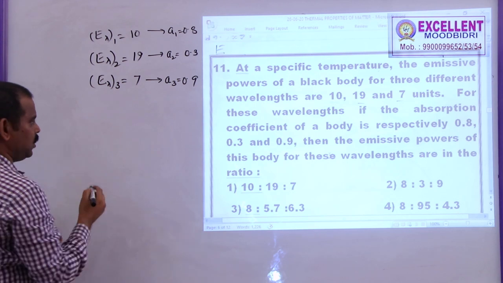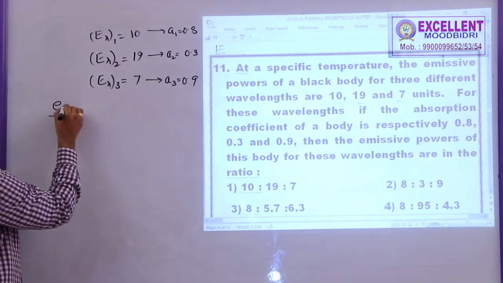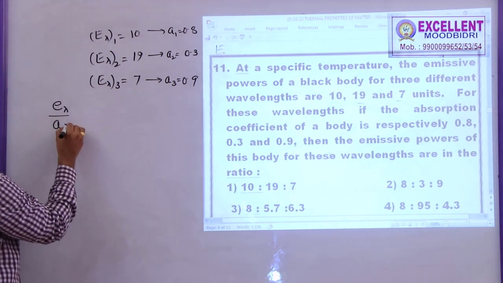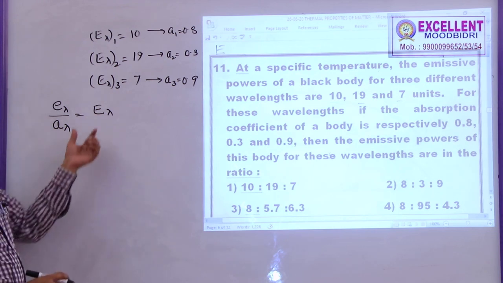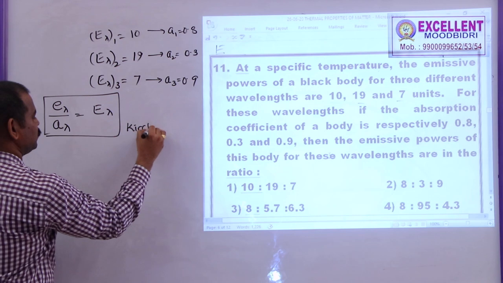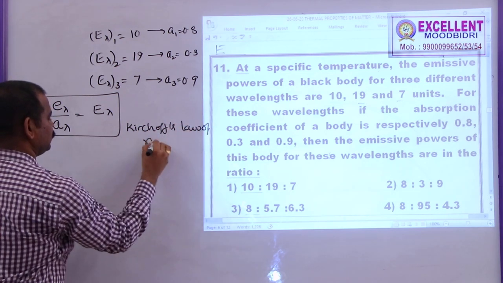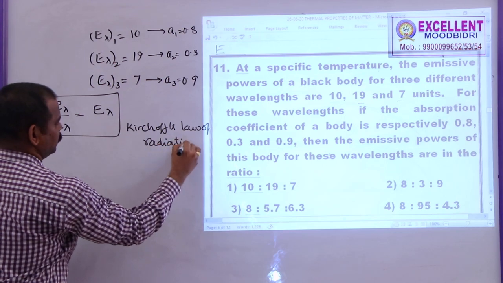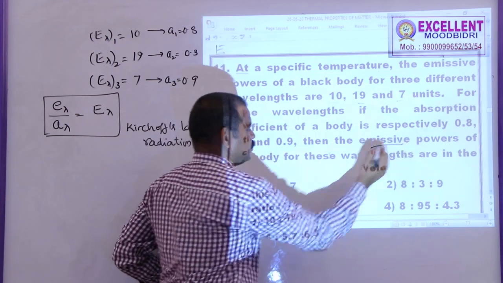From Kirchhoff's law of radiation, the ratio between emissive power at a given wavelength to the absorption power of the same wavelength is equal to the emissive power of the perfect black body at the same temperature. This is Kirchhoff's law of radiation. We need the ratio of the emissive powers of these bodies.